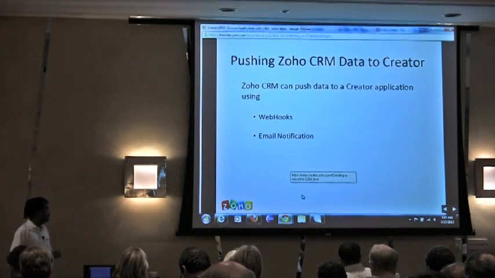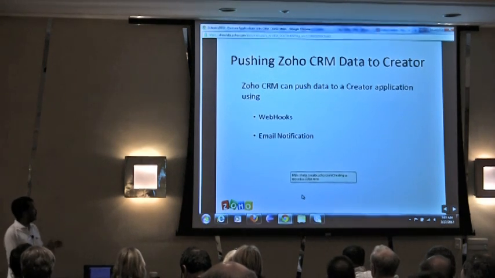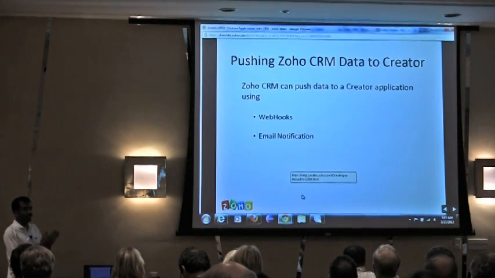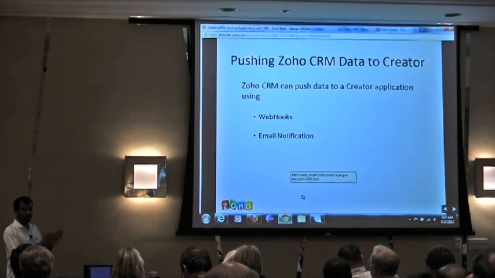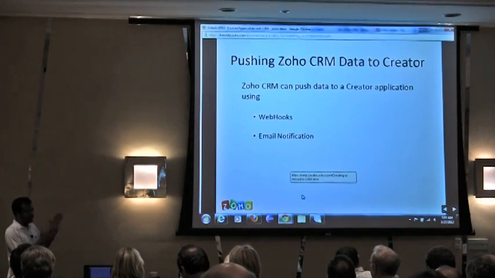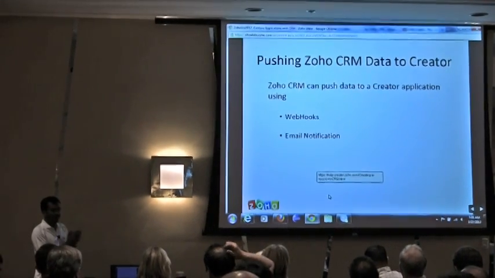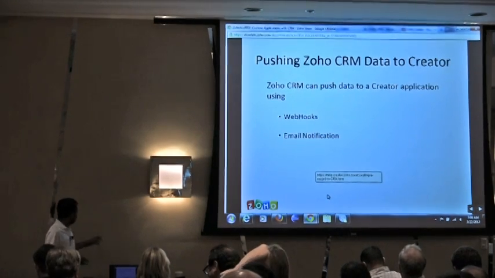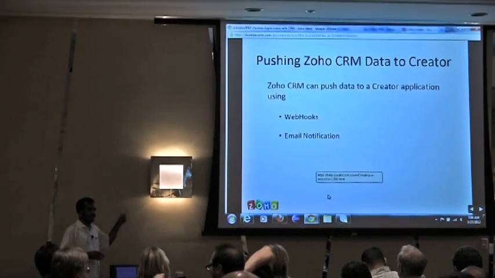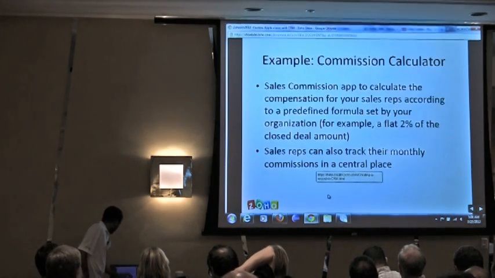So there are two possibilities. One is the webhook integration and another one is email notification integration. The idea is Zoho Creator has powerful REST APIs for adding, modifying and deleting data in Zoho Creator. So you can use the webhooks feature available in Zoho CRM to write the data to Zoho Creator.